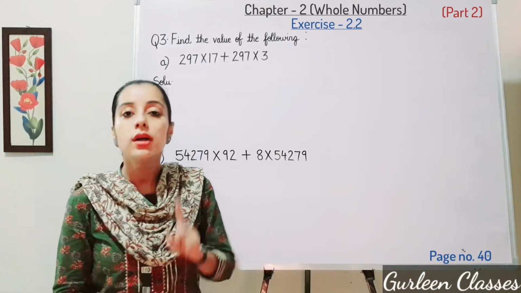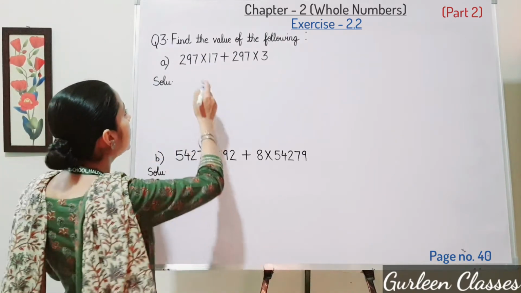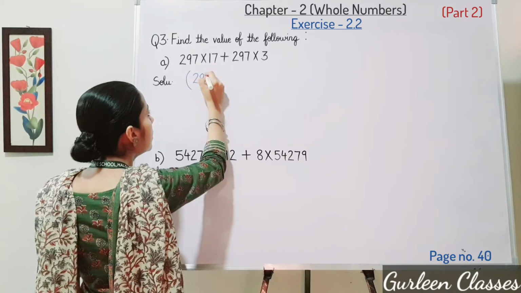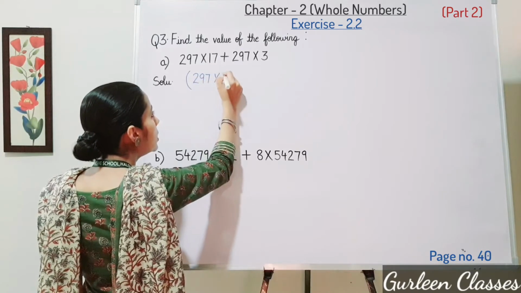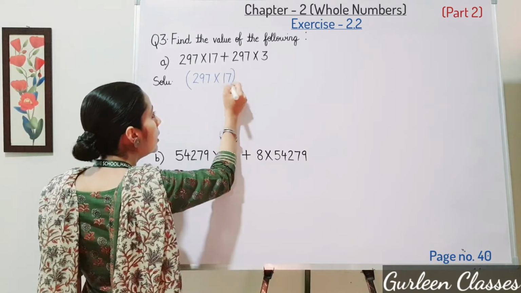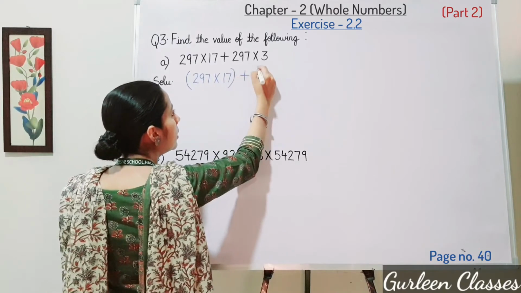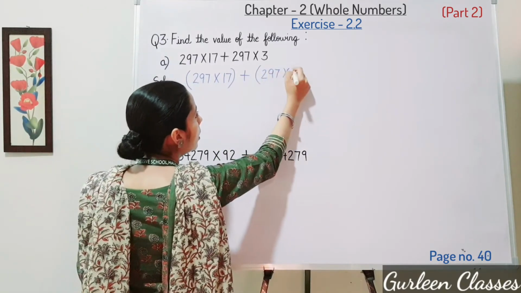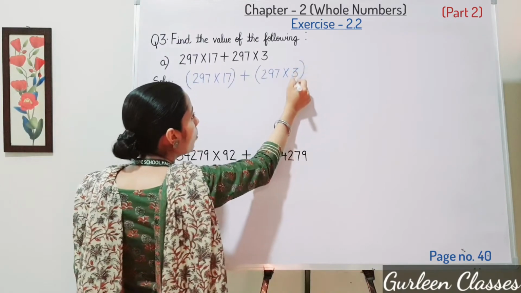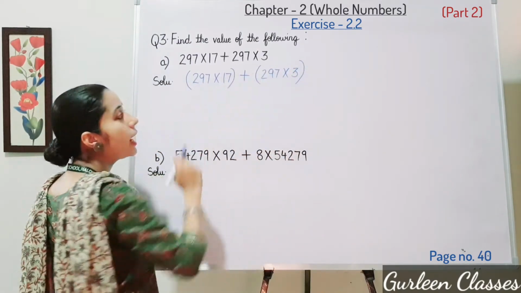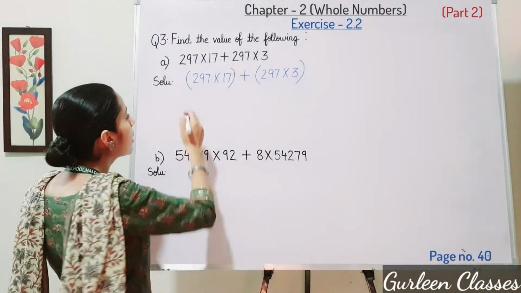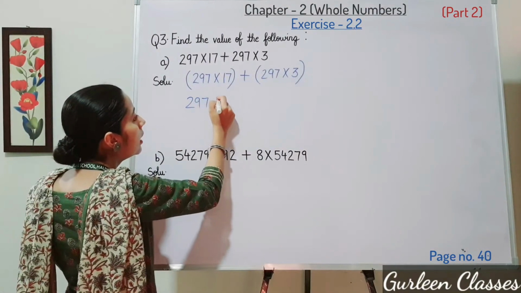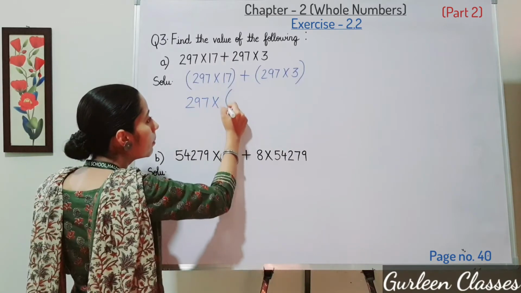How we will do? The first step is write these numbers first in bracket. 297 into 17. Then write here plus sign. Then 297 into 3. So both the brackets we have 297 common. Let us write this outside: 297 into, so make another bracket.